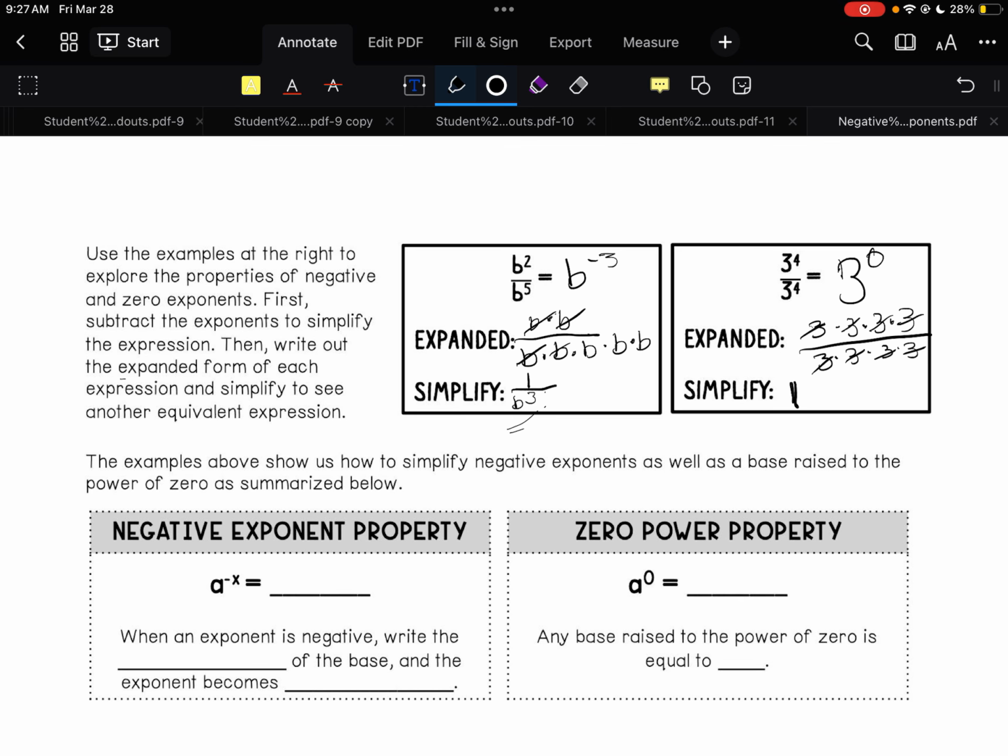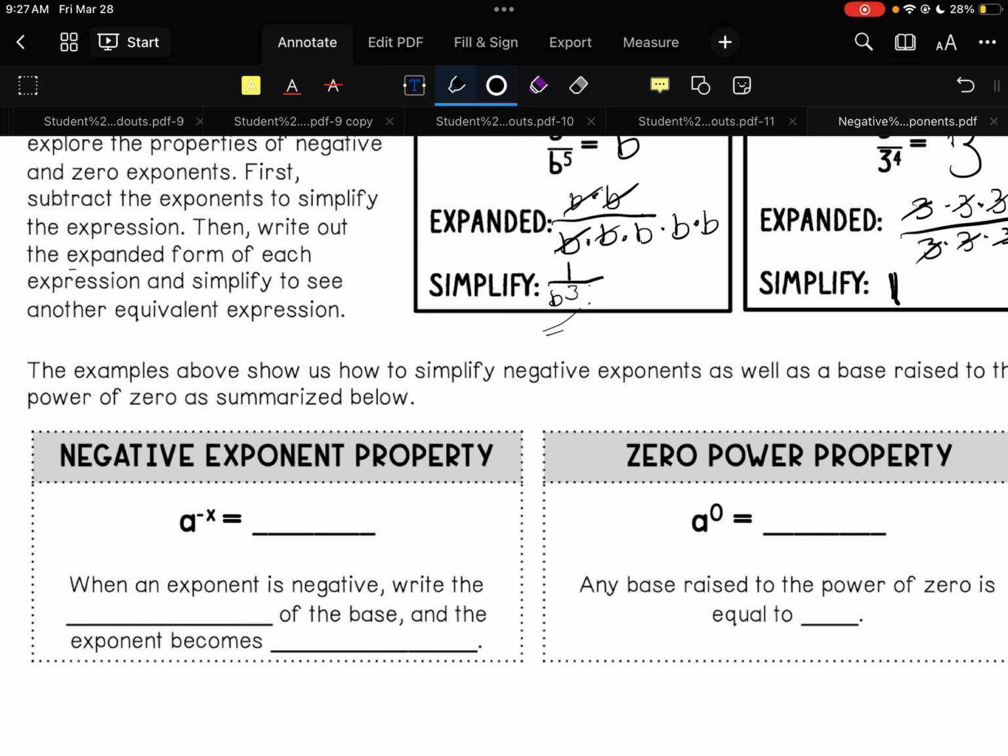So here, a to the negative x power equals 1 over a to the x. When an exponent is negative, write the reciprocal. So the reciprocal is just a fancy way of saying flipping it.